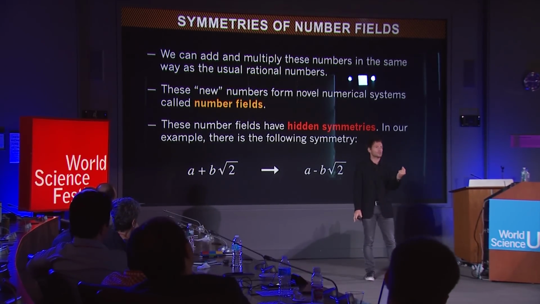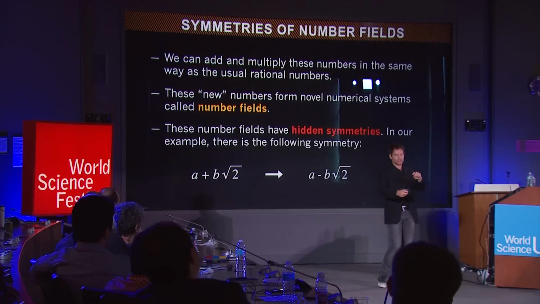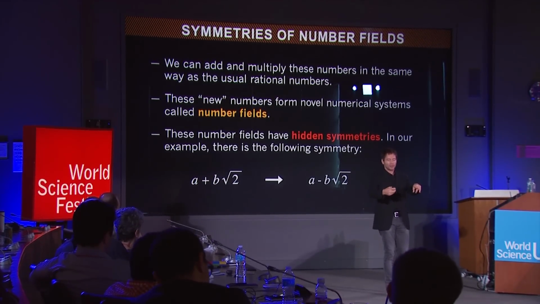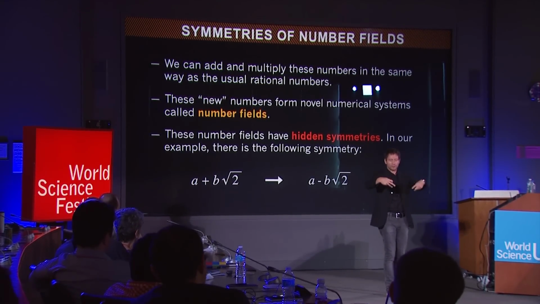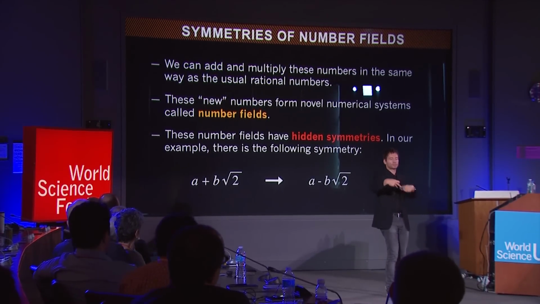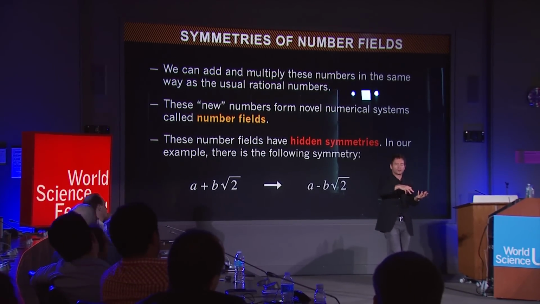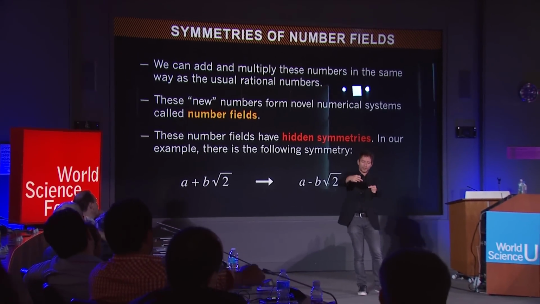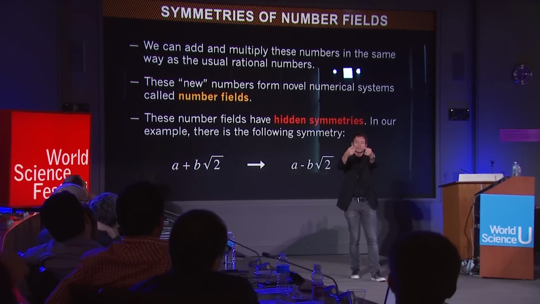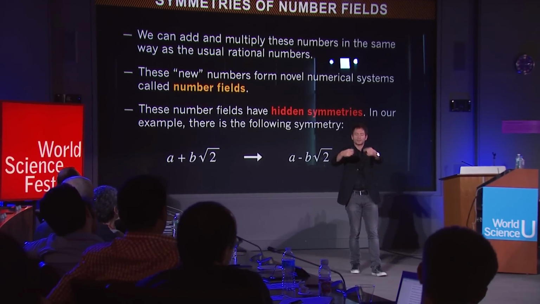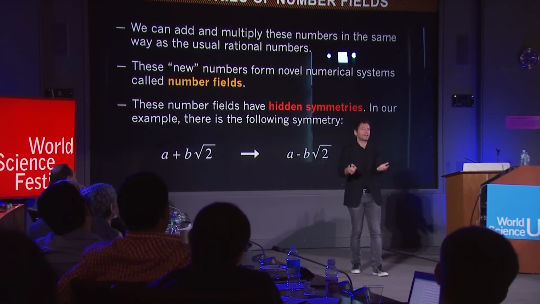In what sense is it a symmetry? It is a symmetry in the sense that it preserves all the properties of those numbers. For example, you can take the product of two numbers and then apply this operation, or you can apply the operation to the two numbers and then take the product. It will be the same.